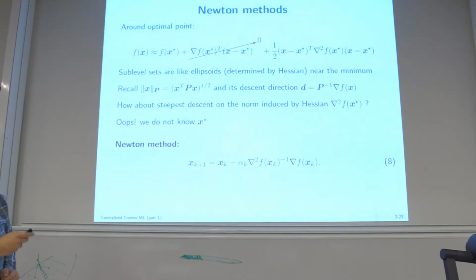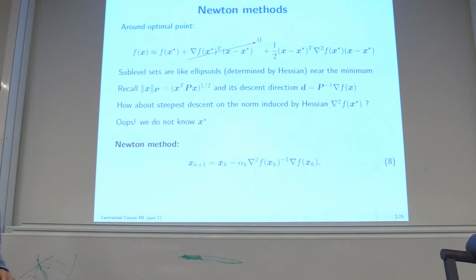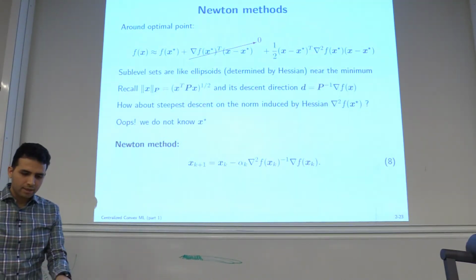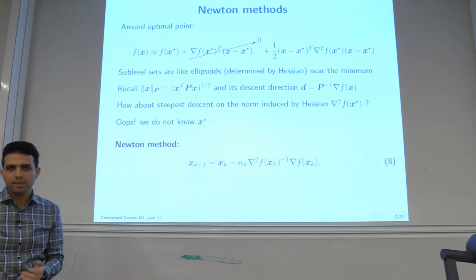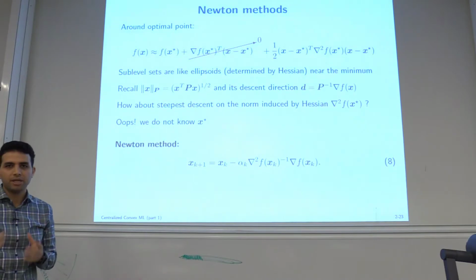The problem though is that we don't know the optimal solution. So that's why we cannot find this guy, okay? So what about just replacing this with xk? Very heuristic, okay? Then we end up with Newton methods. So essentially what it says is that I don't know the geometry, but I will assume that it looks like an ellipsoid, and that ellipsoid will be determined by the Hessian.